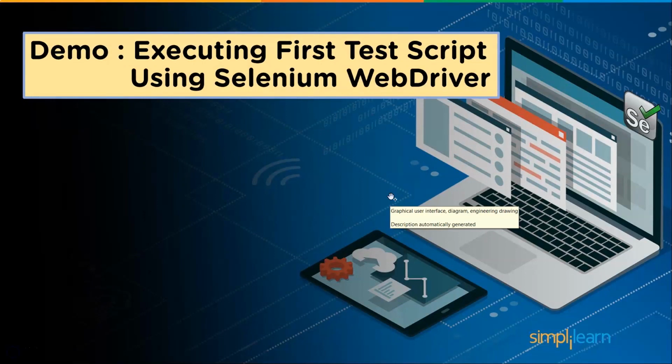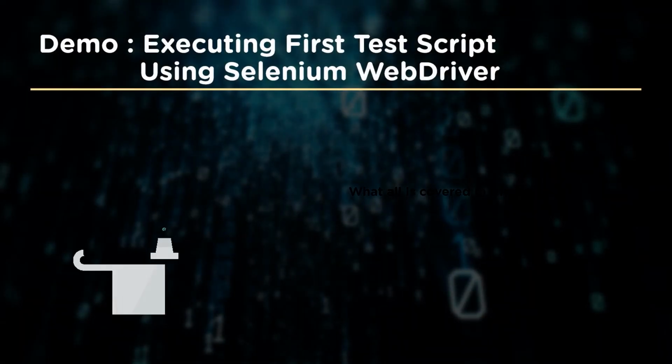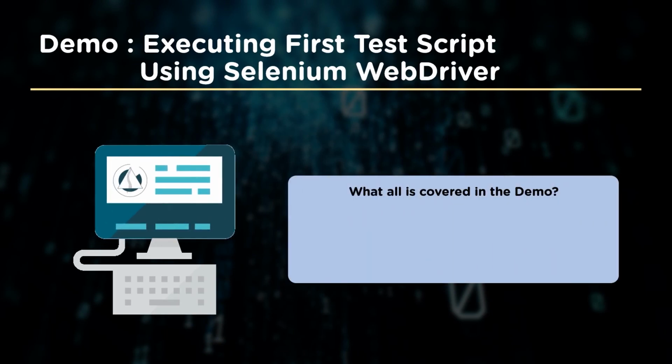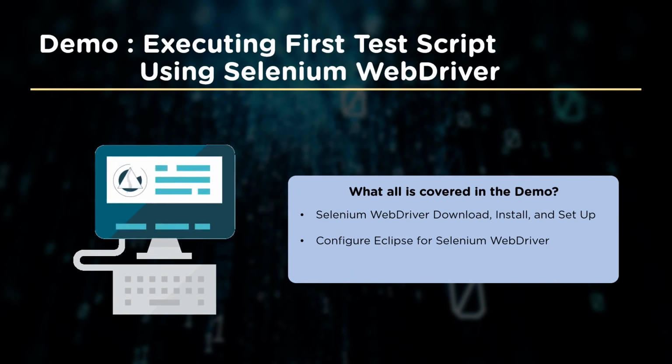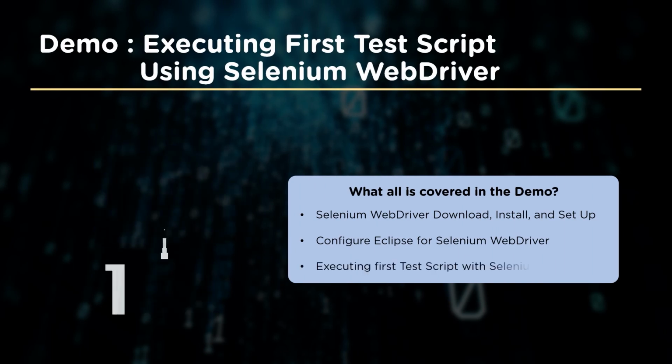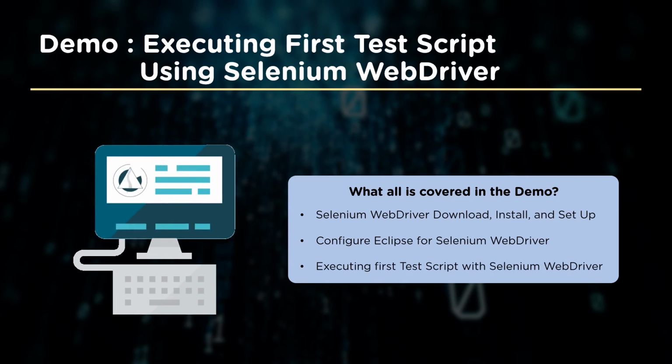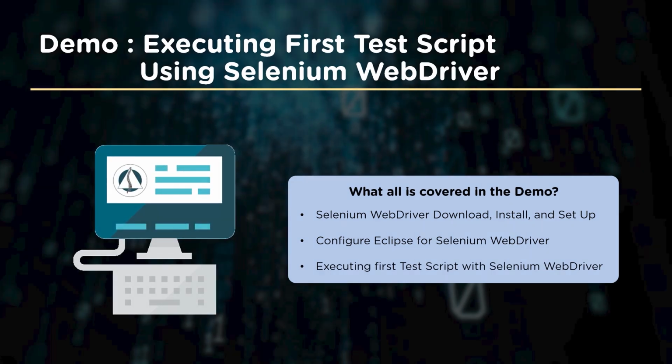So that was the demo in which we executed a very simple program to run the Selenium WebDriver, which further invokes the browser driver, the Firefox driver, and then the specific implementations there. If we summarize this demo, we downloaded the Selenium WebDriver, installed it, configured it, integrated Eclipse with the Selenium WebDriver, and executed a specific test script to see how a particular browser is invoked.